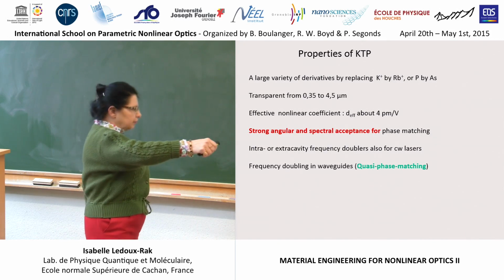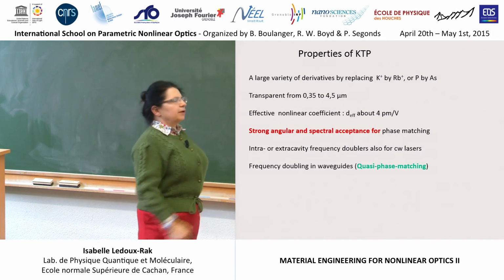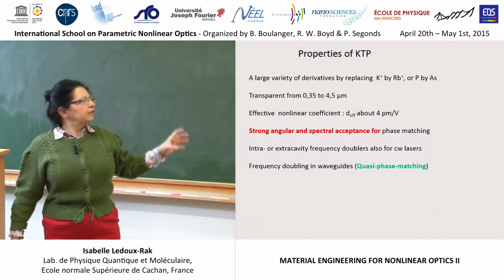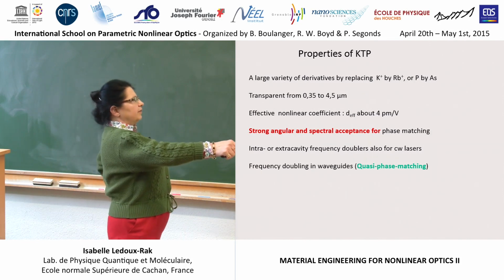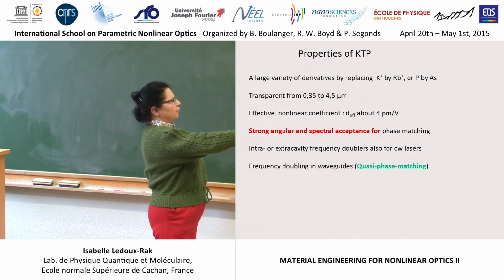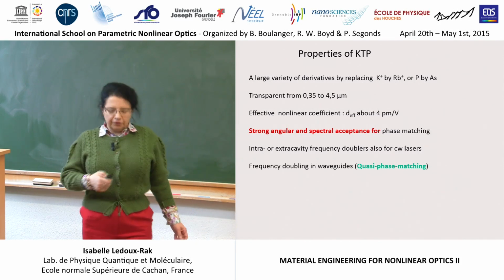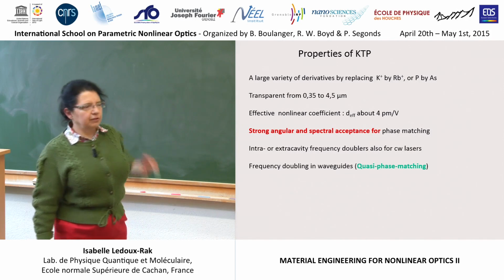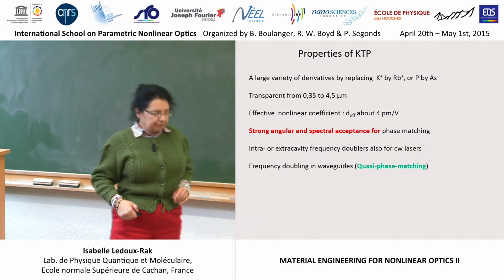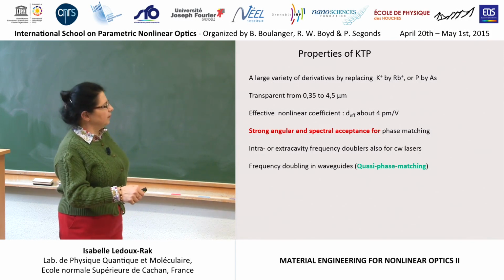For example, you can replace potassium ions by rubidium. It's the same family in the periodic table, but below. You can play the same between phosphorus and arsenic. Arsenic is below phosphorus in the periodic table, and you can have arsenate instead of phosphate. And this gives a lot of possibilities.